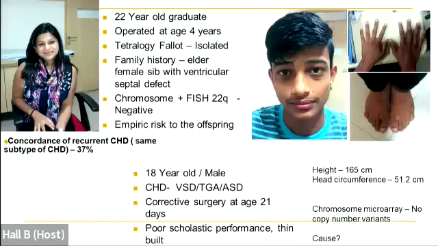Now we have growing numbers of adults who were operated on at a young age coming for counseling, premarital counseling, or with CHD associated with some learning difficulties, and we do genetic testing as and when required.